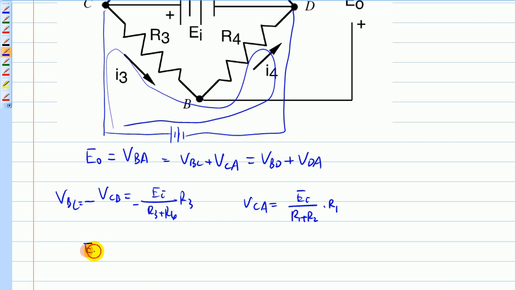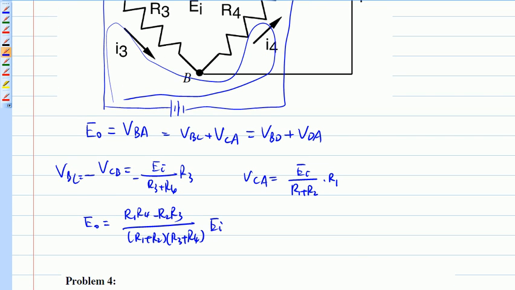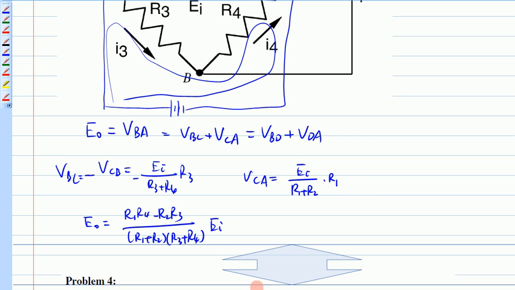So the result is supposed to be this. It's in a quite similar format to the one I gave you in my lecture notes. However, because of the numbering of the resistors and also the structure and orientation of the circuits, you will see the difference there.